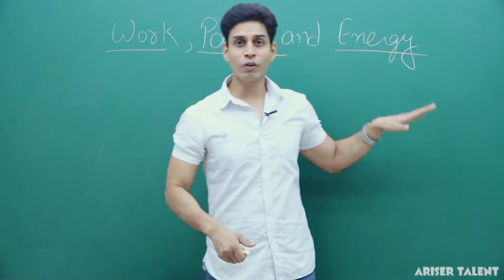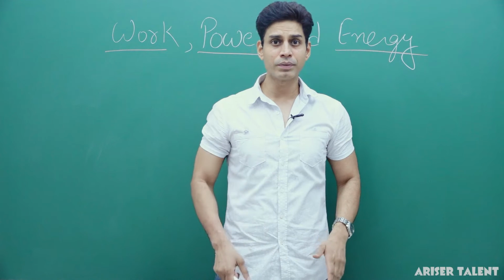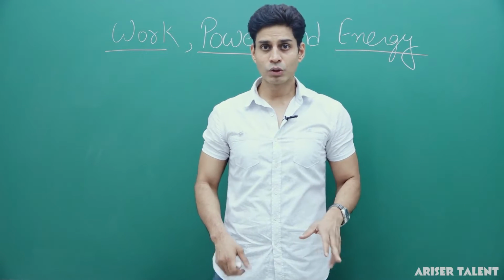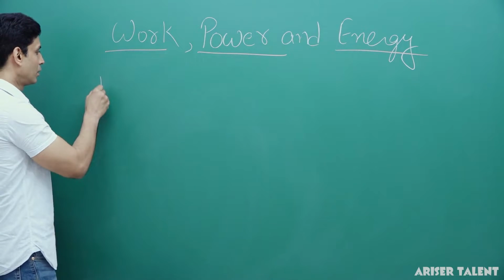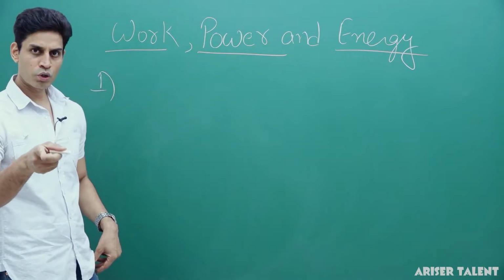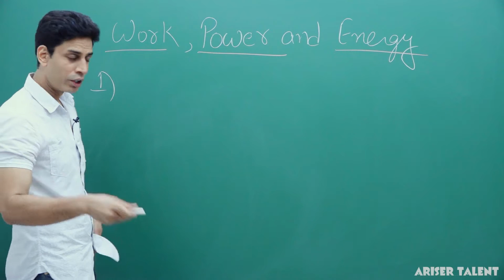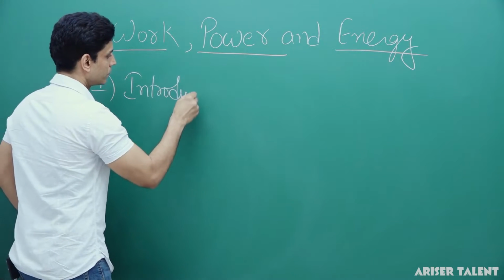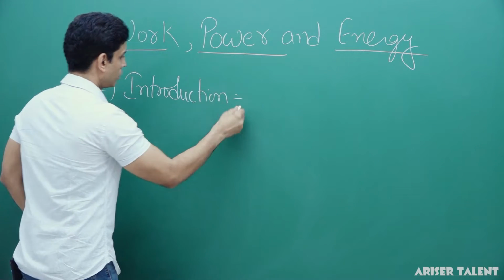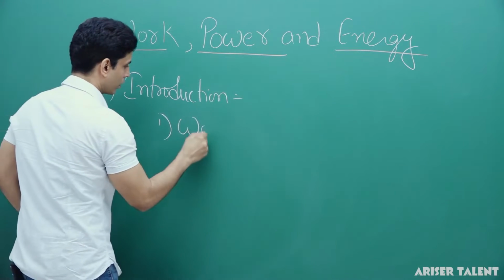And the capacity of performing work is energy. So basically it is work. So we are starting the chapter with the heading of the first article: introduction. So the first is, what is work?